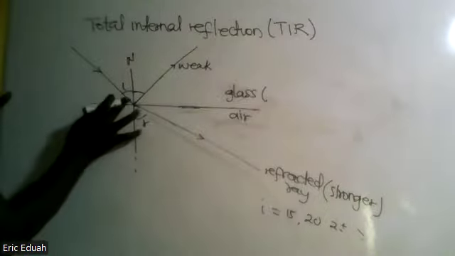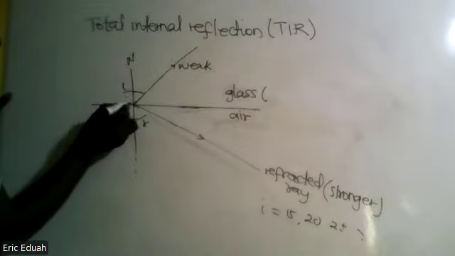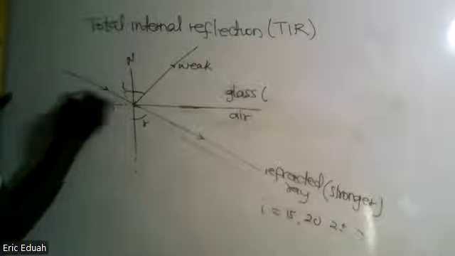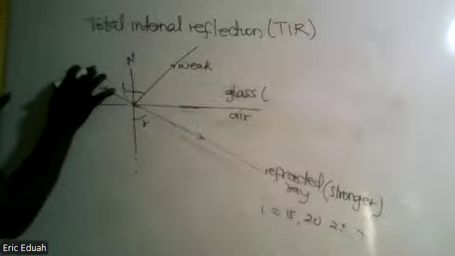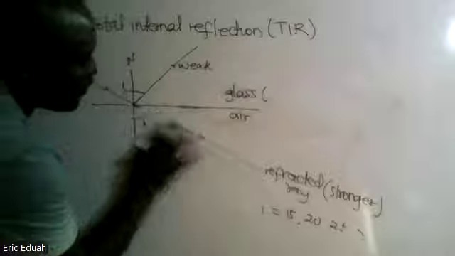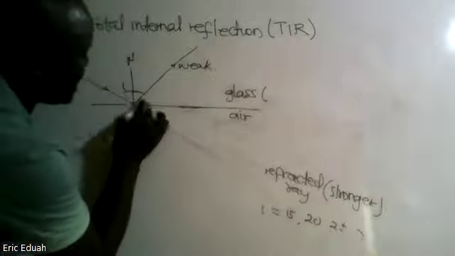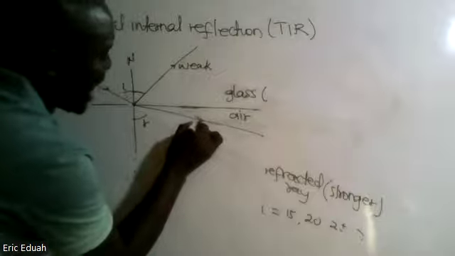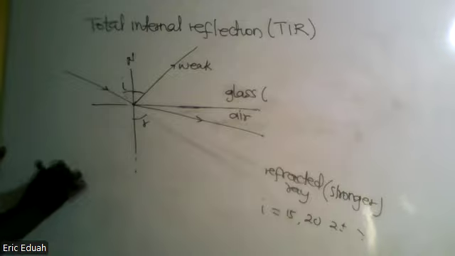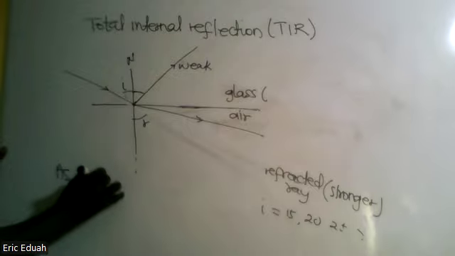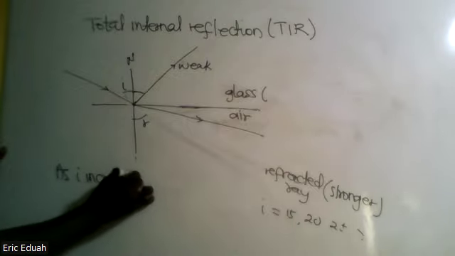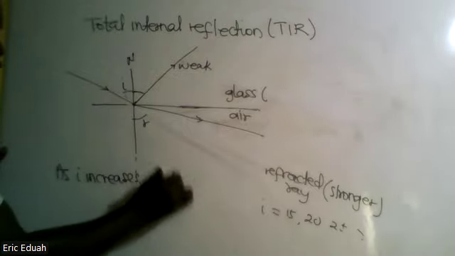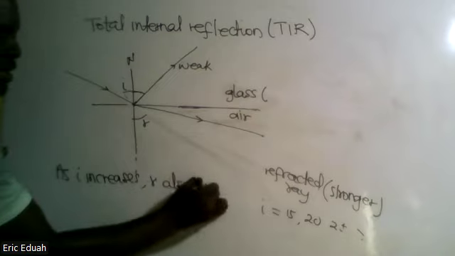What happens is that as we increase the angle of incidence in the denser medium, the angle of refraction also increases. So you realize that as I increases, R also increases.